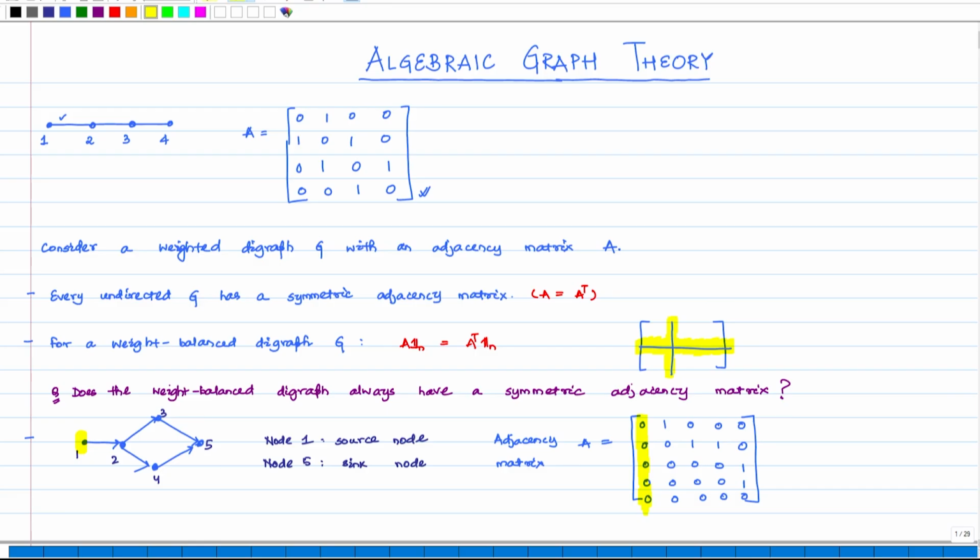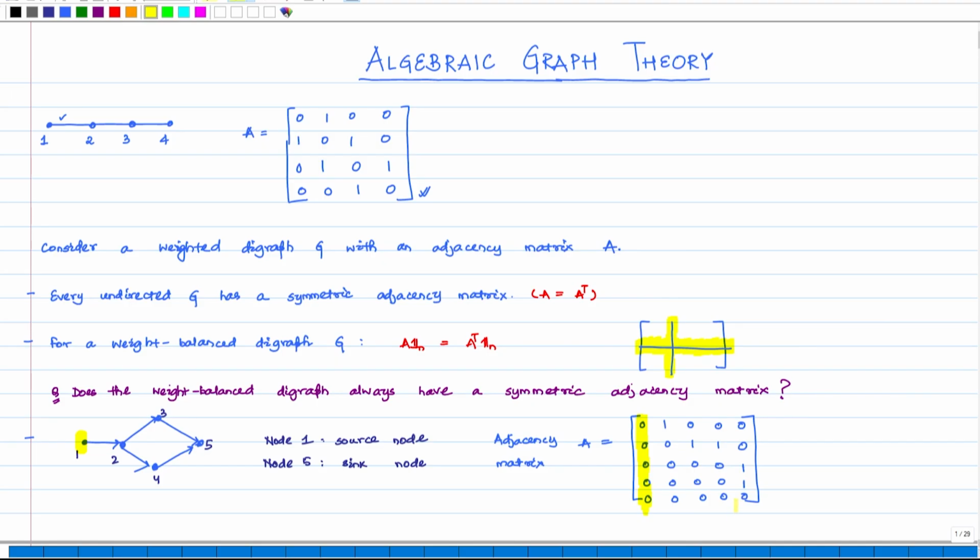So, if we only look at the adjacency matrix, how do we spot a source node without looking at the digraph? We simply check for completely 0 columns. Every completely 0 column is a source node.